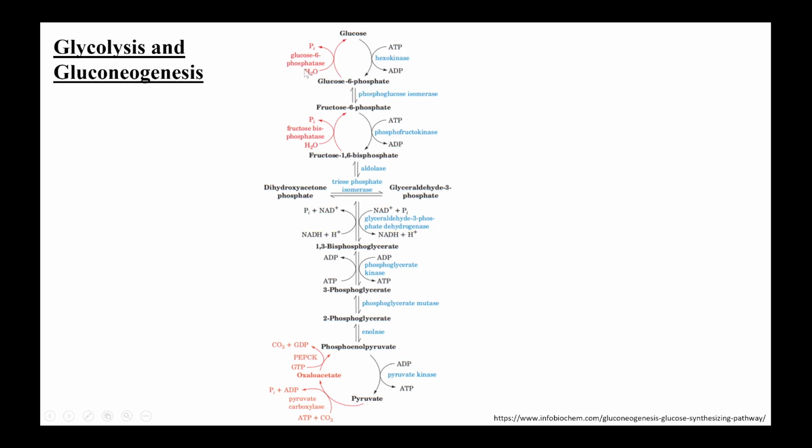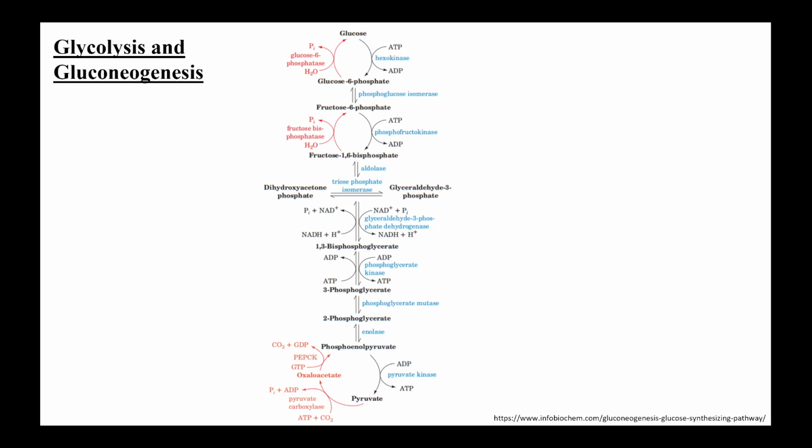Phosphatases are the group of enzymes that can remove phosphates. So for glucose 6-phosphate to get converted back to glucose, we need a phosphatase enzyme to remove the phosphate, the 6-carbon phosphate. For that we have glucose 6-phosphatase.